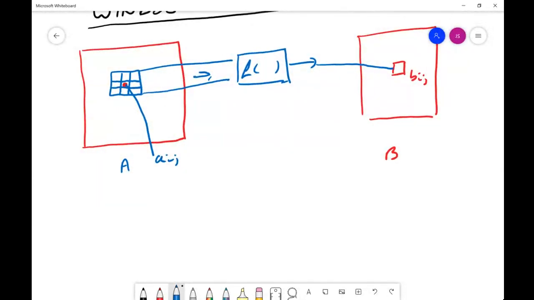Now, the first thing to notice is the output is smaller than input. Why? Because when the window is fitted in the top left-hand corner, the output will correspond to the center of the window.